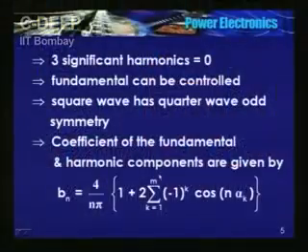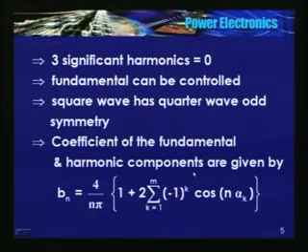Okay. So I need to calculate what are the various odd harmonic components present in this waveform. See, the expression for the coefficient of the fundamental and the harmonic component is given by this equation. I have just written this equation.